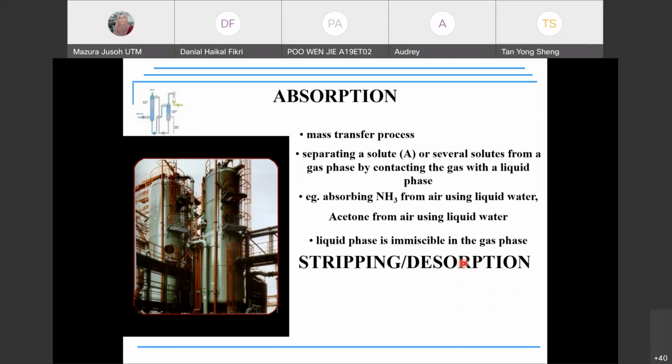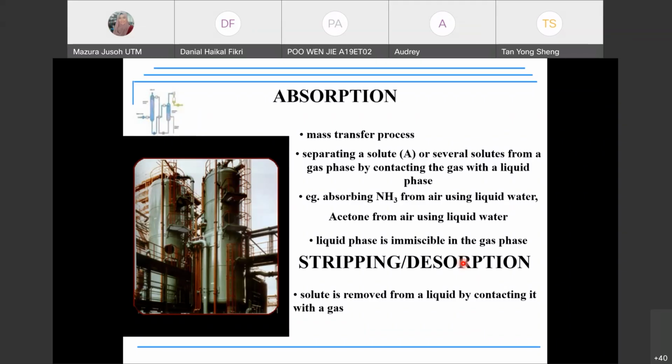For absorption, the component that you want to separate is in the gas phase. For stripping, the component that you want to separate is in the liquid phase. So the solute is removed from a liquid by contacting it with a gas. It's the opposite of absorption.